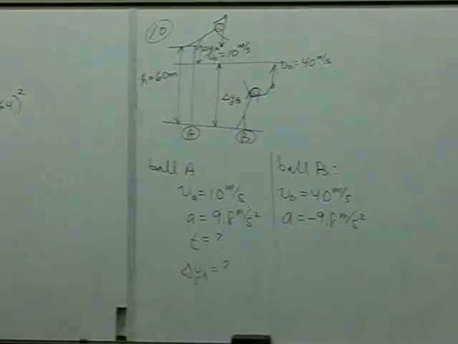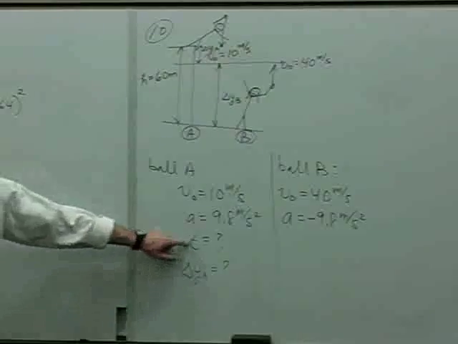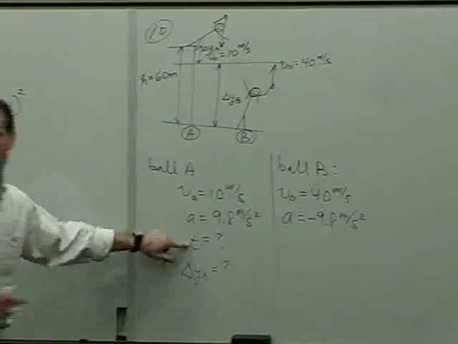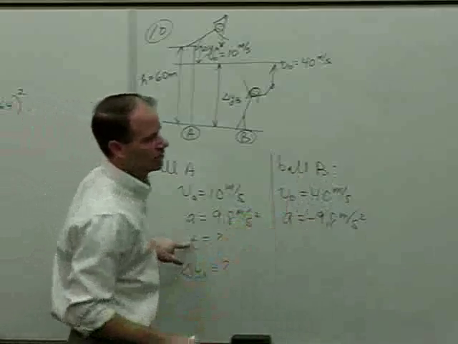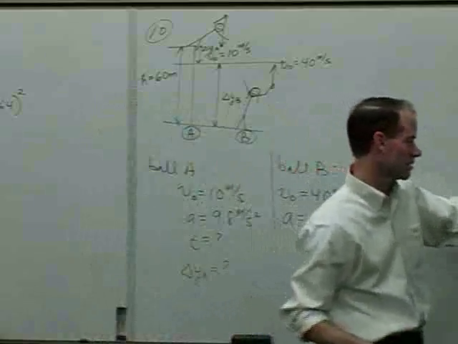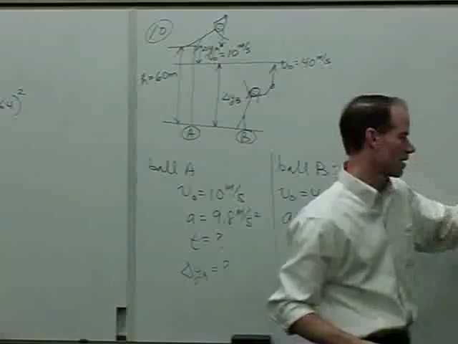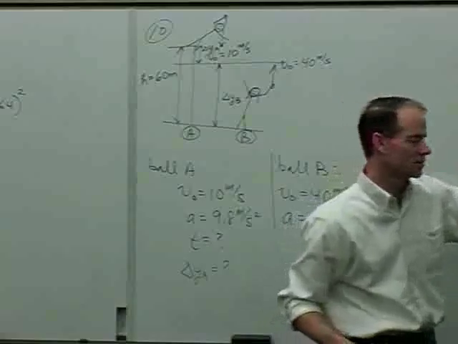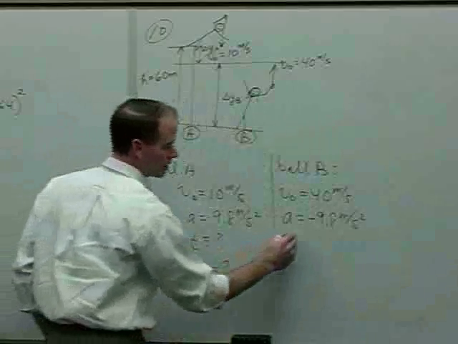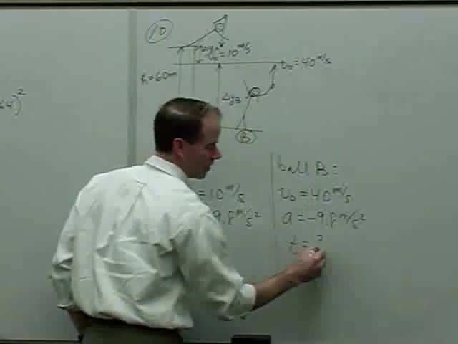Time, I don't know, but it's going to be the same time as this. That's probably one reason why I didn't give this a subscript. I'm doing it simultaneously, right? What I could have done in that A and B problem over there is, instead of calling time B and time A, I could have said time A equals t plus 2, and time B is t. But in this case, the time is the same. T is the same.